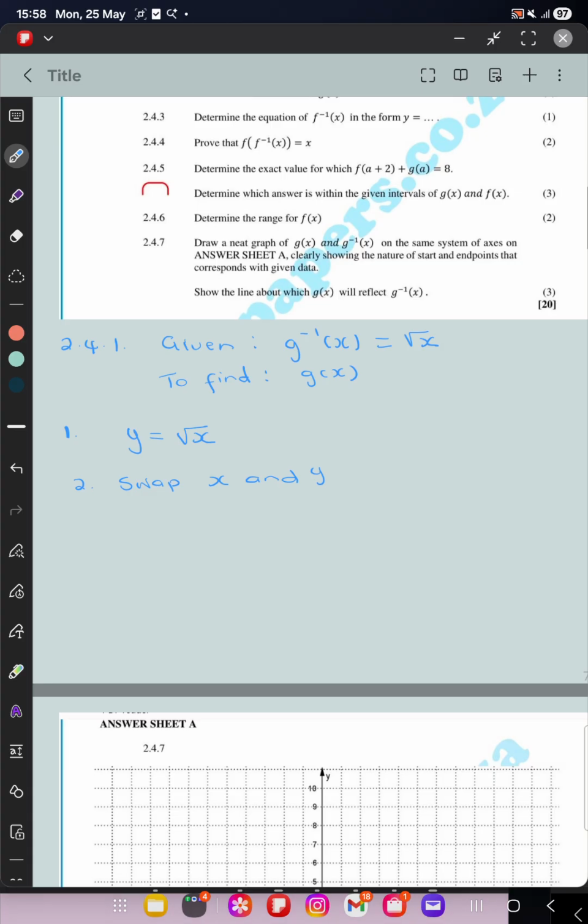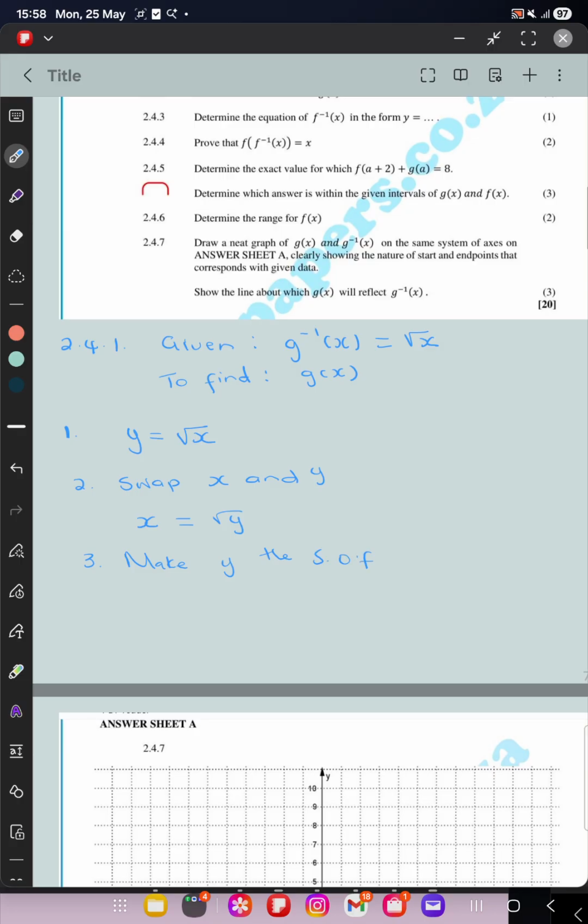Let's do that. x equals the square root of y.